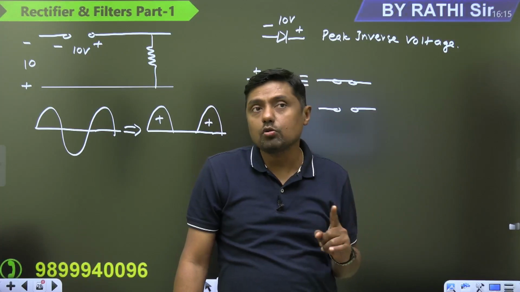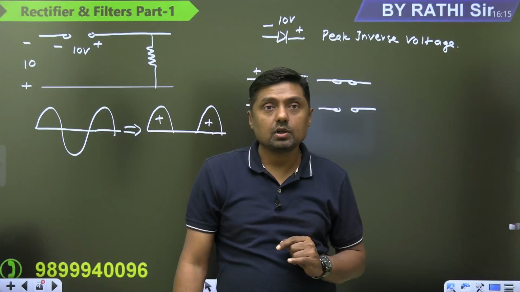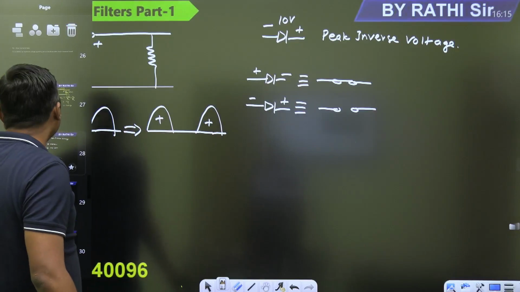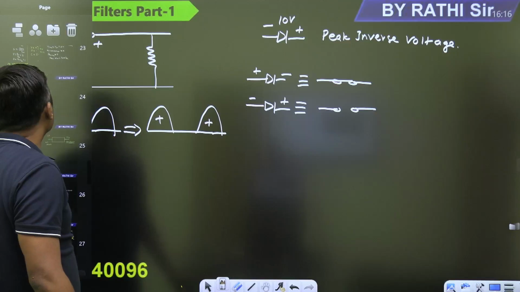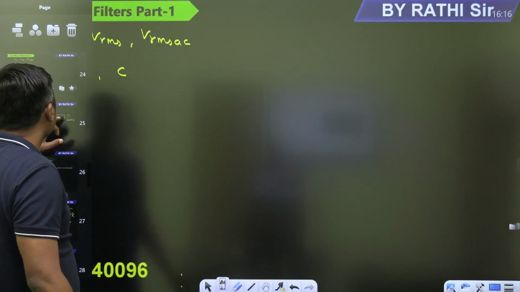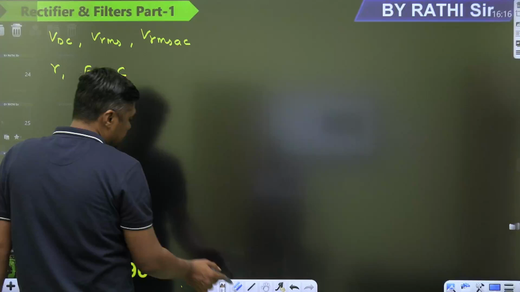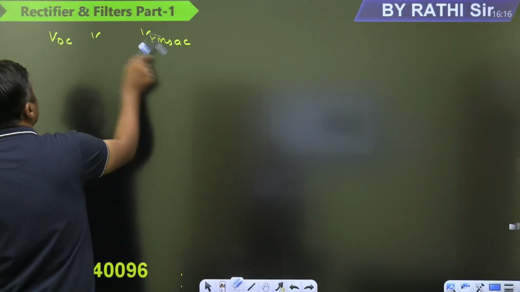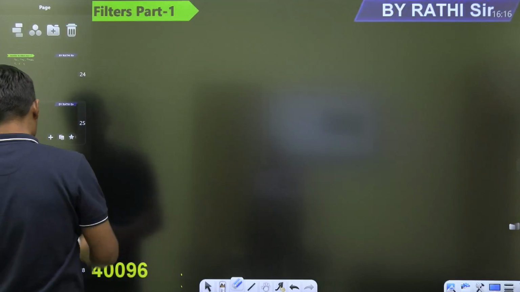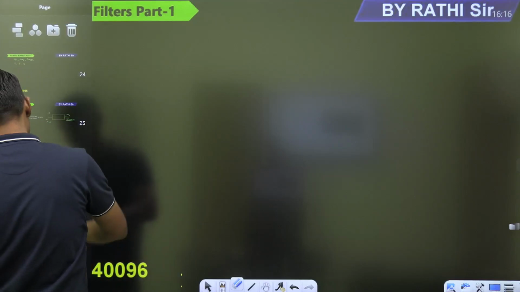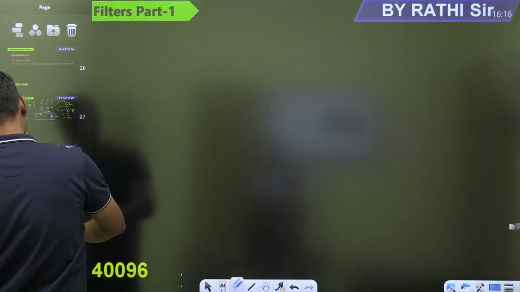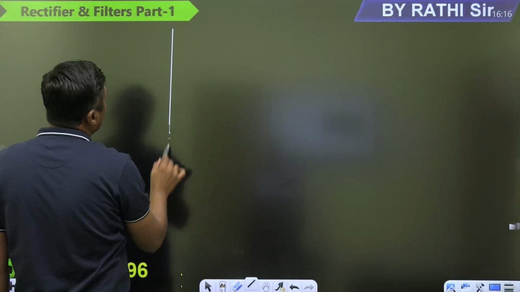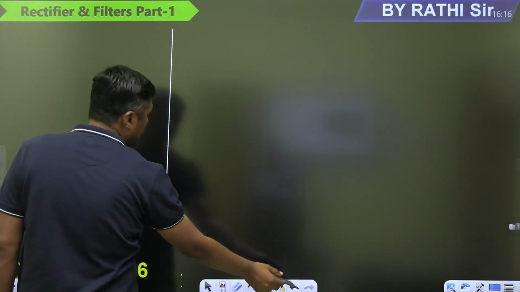Diode should not allow current in reverse direction, because if you are giving the 10 volt, or if there is a breakdown, then so this is the characteristics of the ideal diode.